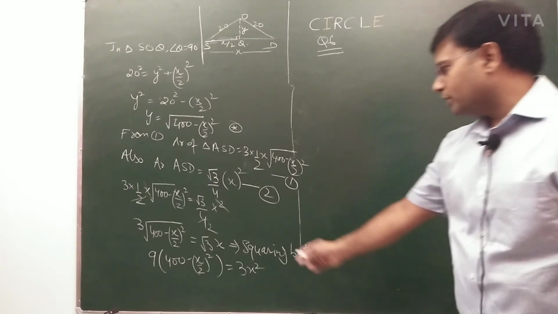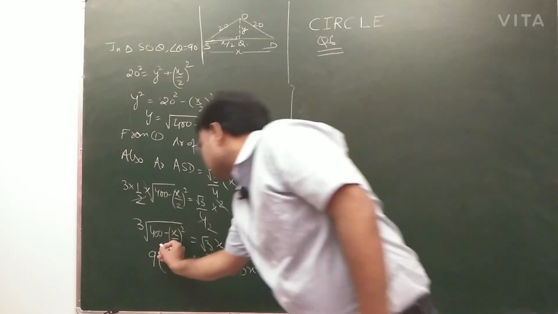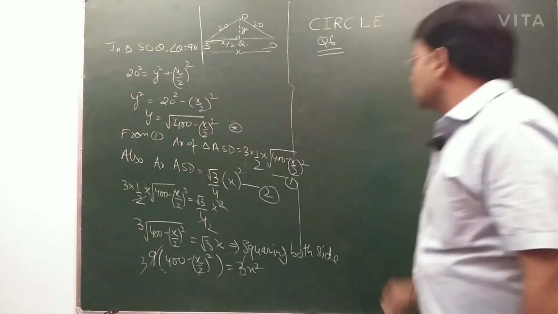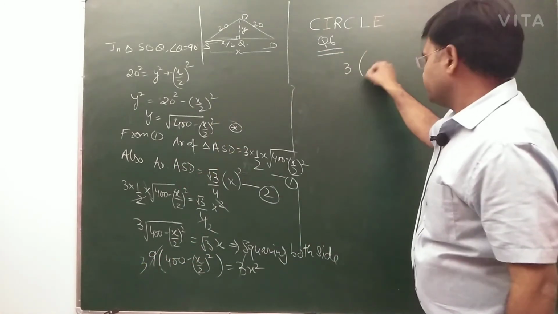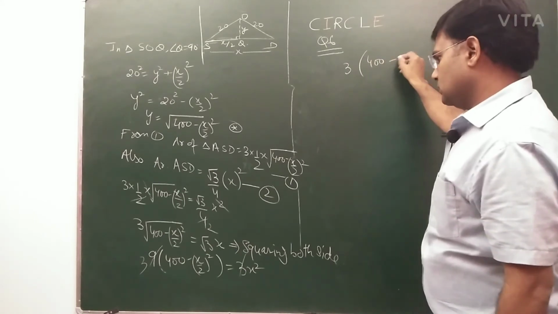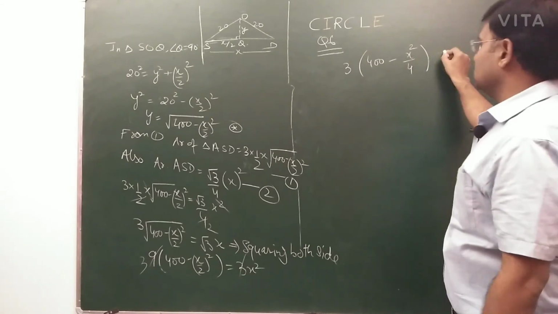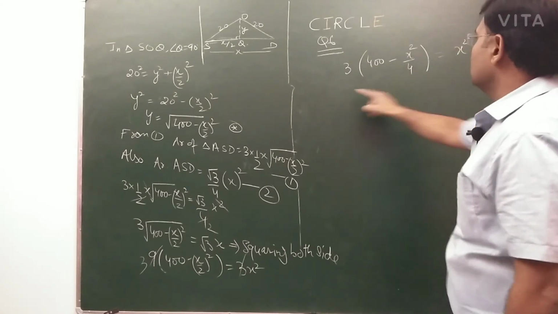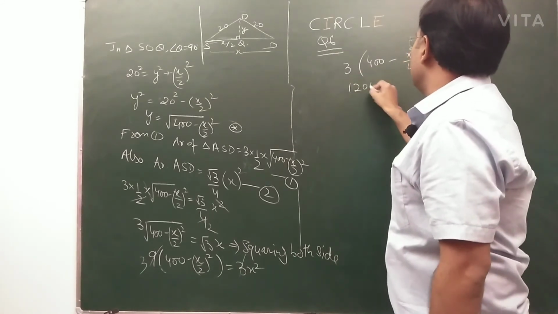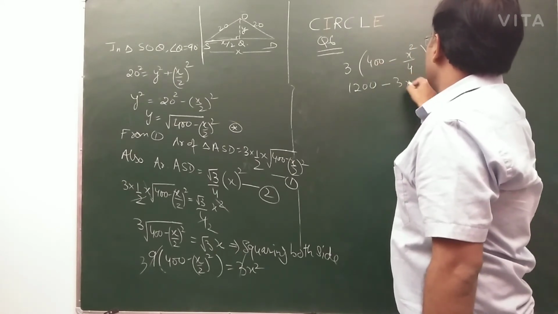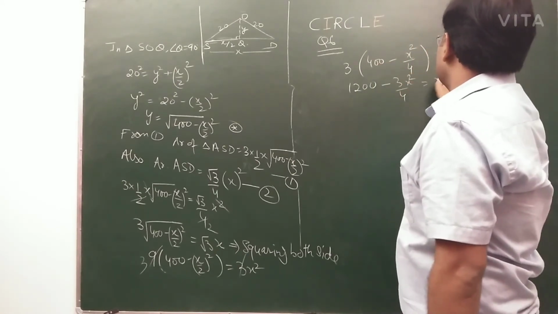Now we'll simplify this. 3 can be cancelled by this. So this is now 3 into 400 minus x square by 4, you can open the square, and this is your x square. Simplify this: this is 1200, minus 3 by 4 x square, equals x square.